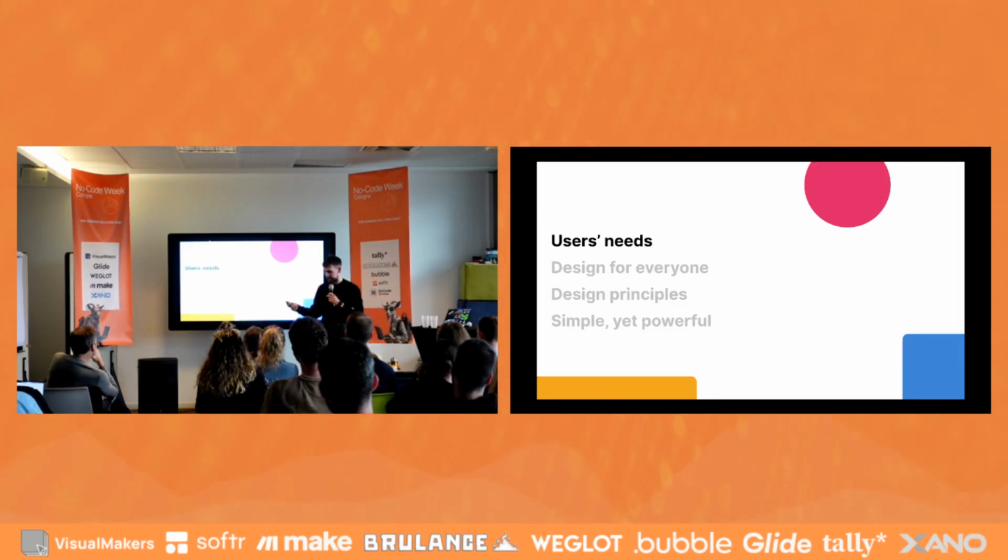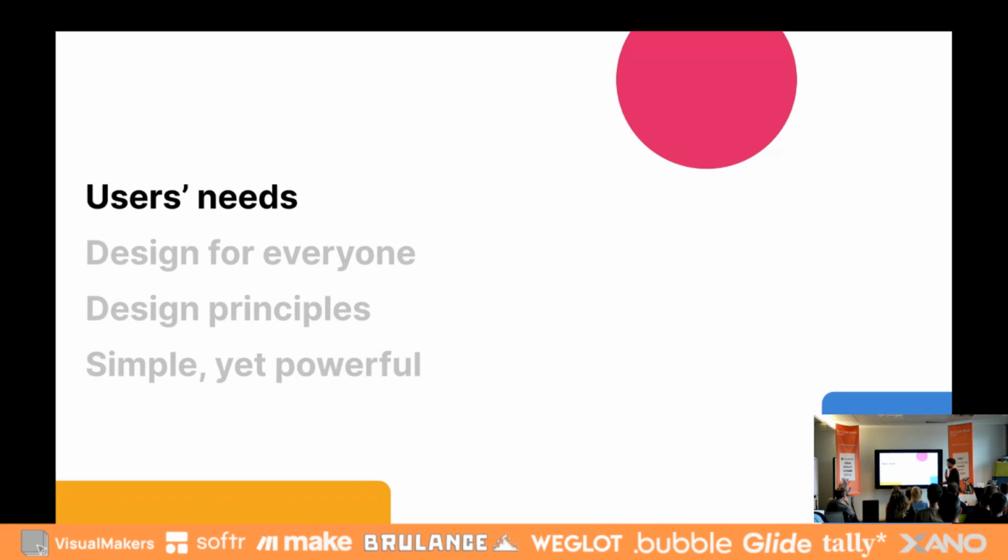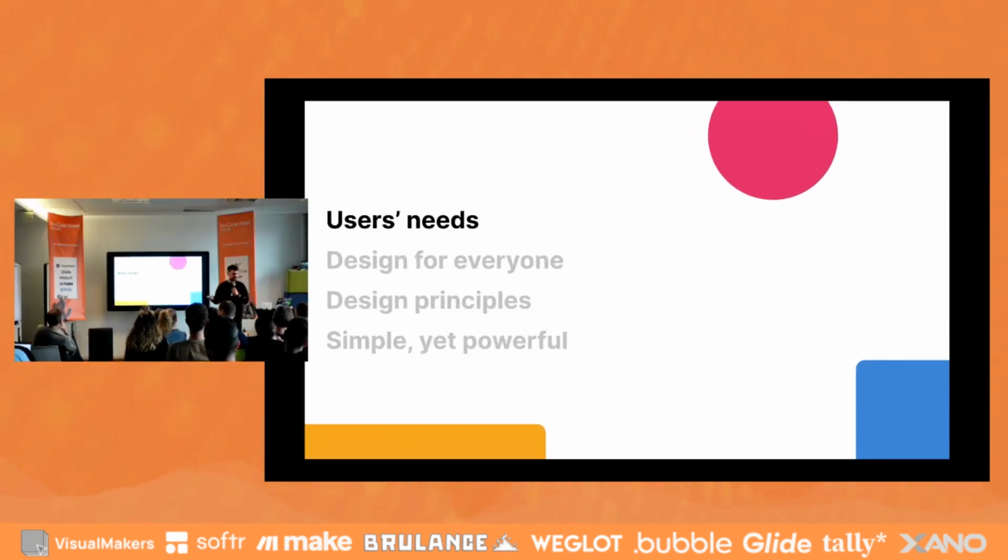So as a recap, I think we're still on time. When building applications or products for non-technical users, it is very important to really understand users' needs and to use a user-centric approach.